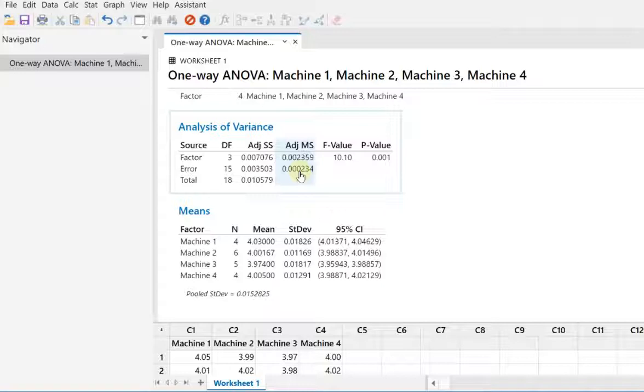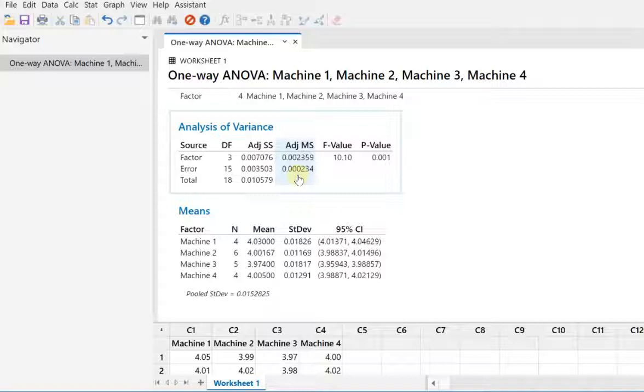In fact, let me do that. I'm going to take the square root of, I got my calculator, 0.000234, and you get 0.000.